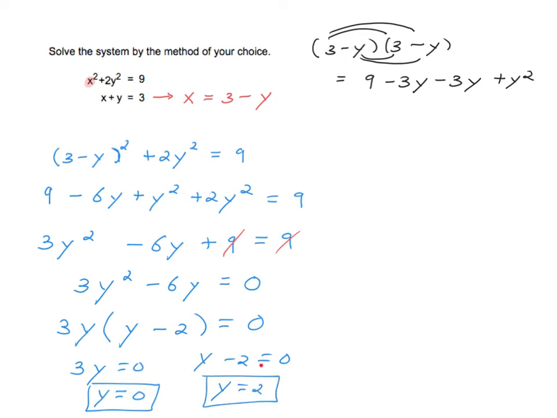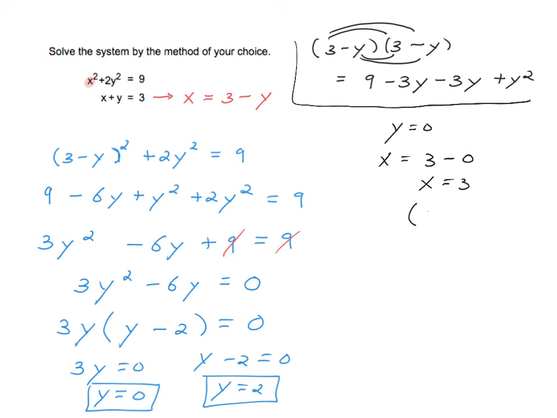Now, these are just the y coordinates. We also need their corresponding x values. That's where I'll use this equation. If we're working with y equal to 0, x is equal to 3 minus 0, and therefore x is equal to 3.